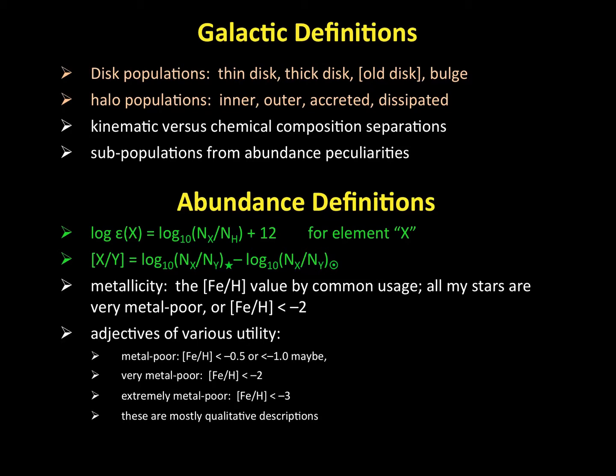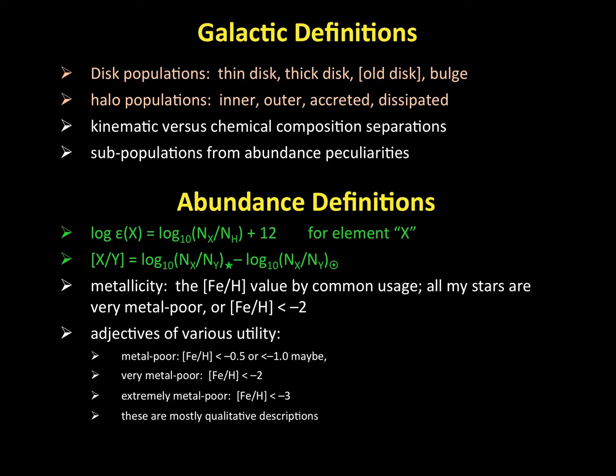We talk about metallicity. Metallicity, for all intents and purposes, is thought of as the iron to hydrogen value for spectroscopic reasons. Iron transitions are all over the spectrum of almost all stars, and it is very convenient to define the overall element content by the bracket iron to hydrogen ratio. There are various adjectives you can place on iron to hydrogen metallicities.